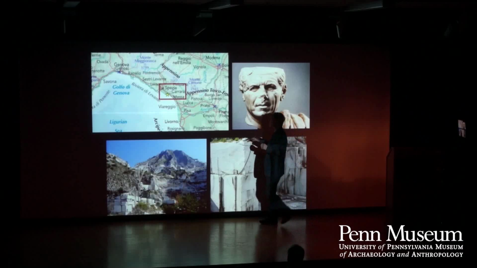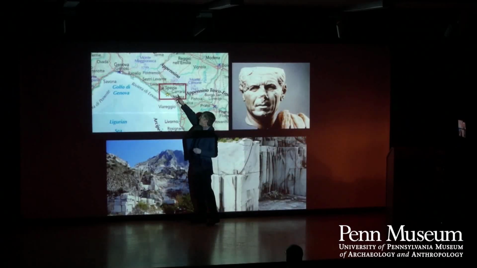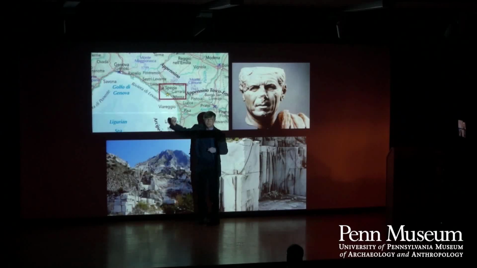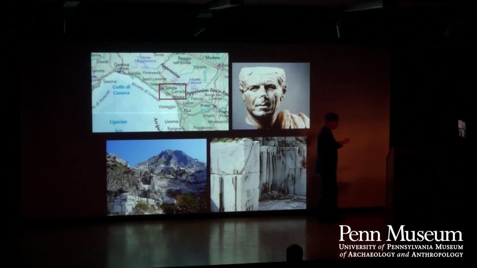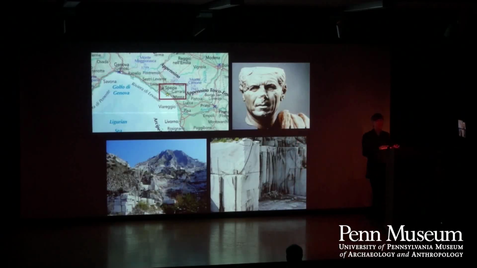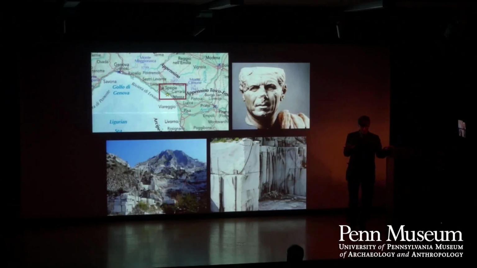when the quarries at Carrara near La Spezia, just southeast of Genoa in northwestern Italy, are discovered and begin to be quarried on a massive scale. Suddenly, marble was available in Italy, a lot of it very cheaply. And then we start getting a lot of images in marble.